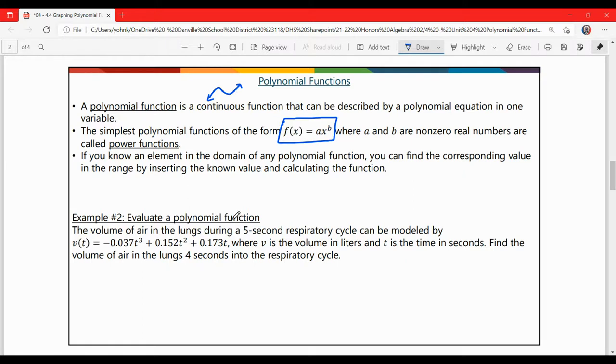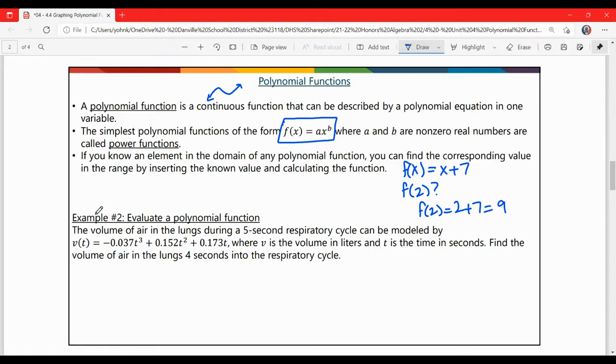Well, that's true. You've known that before. If I said f of x equals x plus 7, and I said find f of 2, well, f of 2 would be 2 plus 7, and that's 9. So we're going to do the same thing with polynomials instead of just numbers.